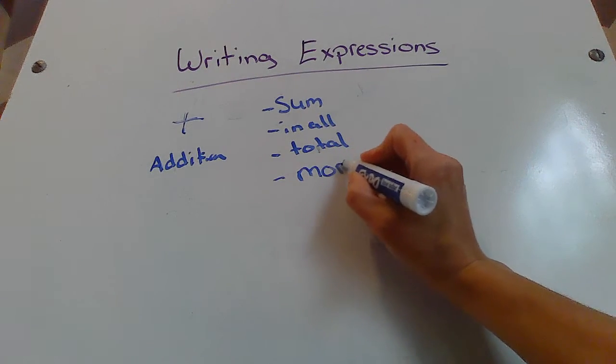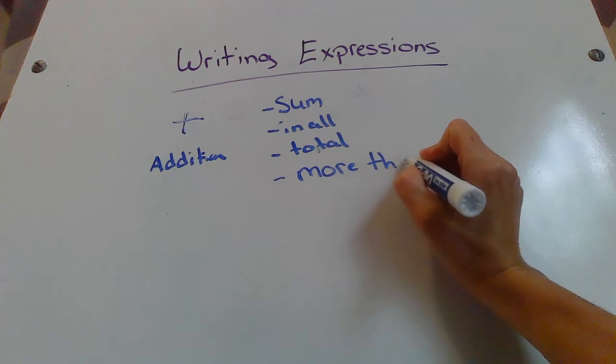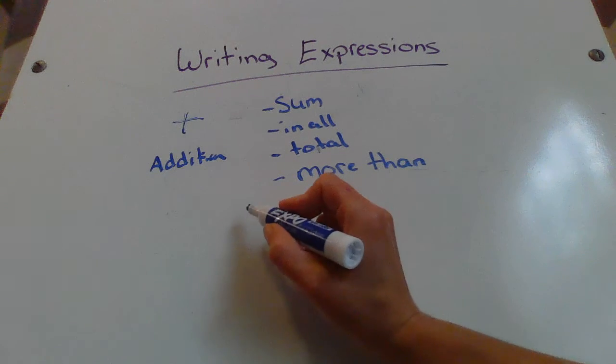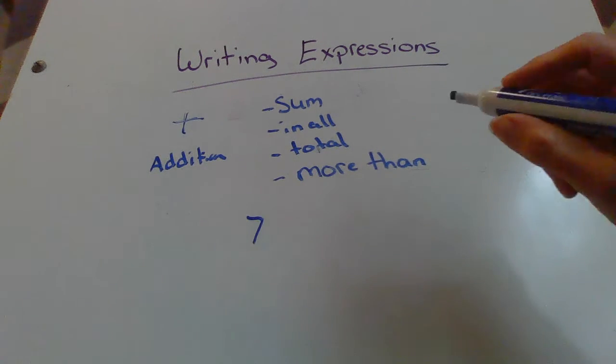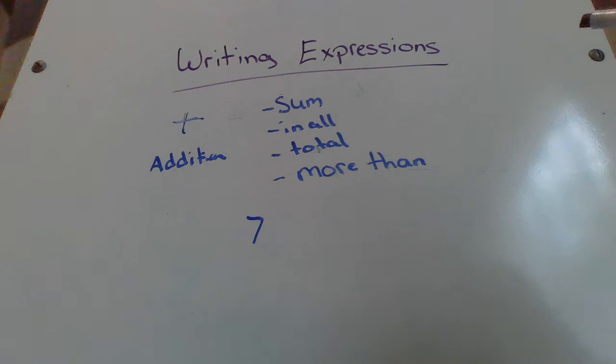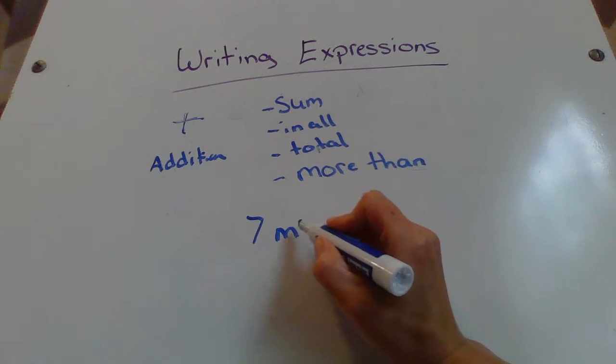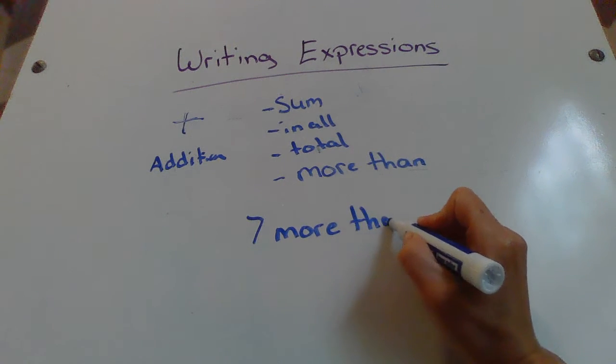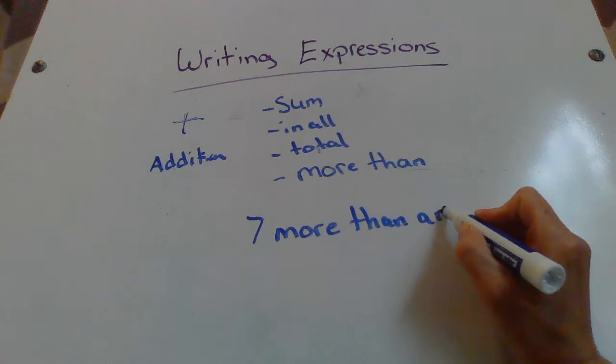I know when we're adding, the commutative property allows us to switch the order and you'll still get the same sum. But sometimes when you're writing expressions, you want to try to write it in the correct order. So if I were to give you this expression, this would be a verbal expression, 7 more than a number.